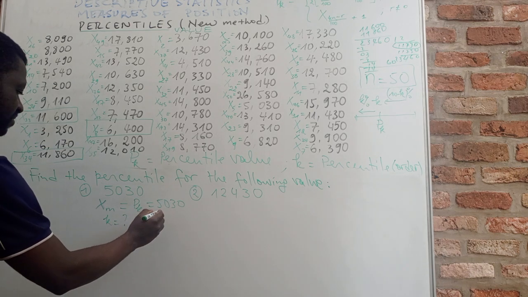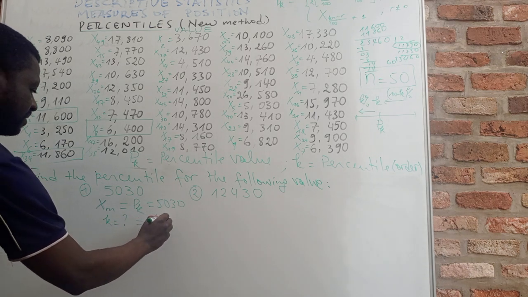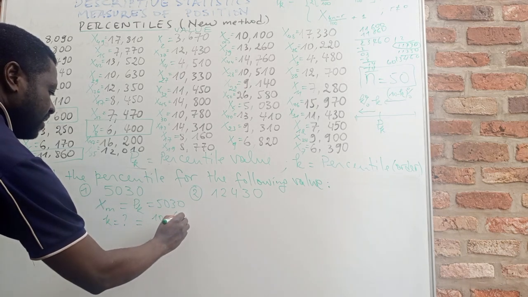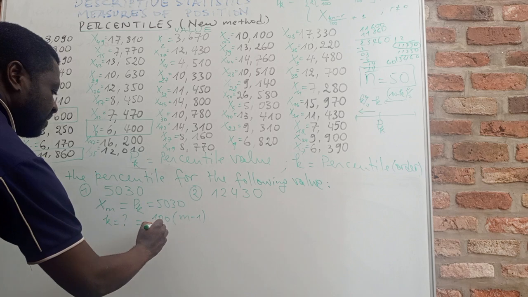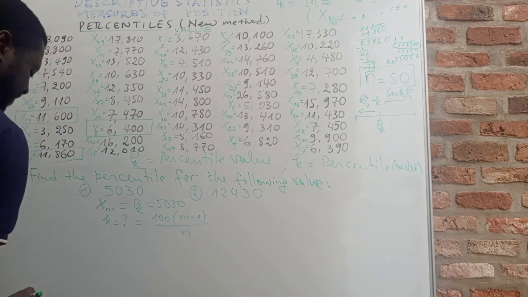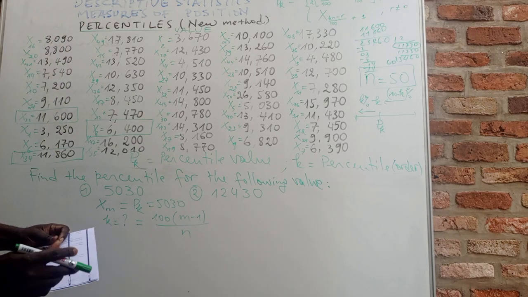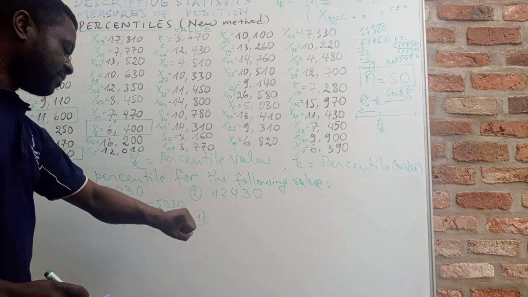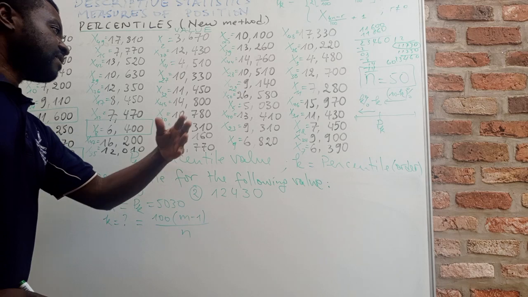So k is equal to just 100 times (m minus 1) divided by n. If the quotient is not an exact integer value, in that case you can round up.